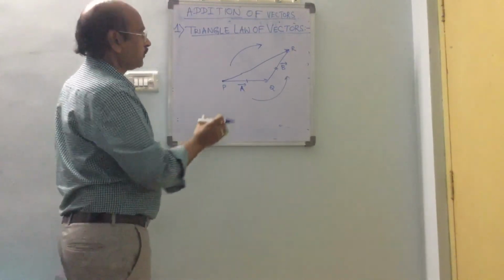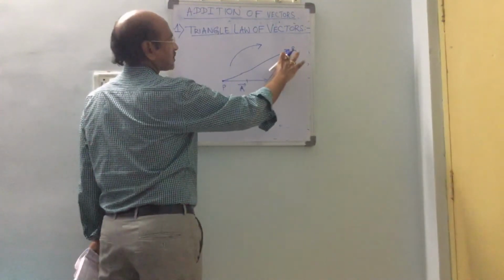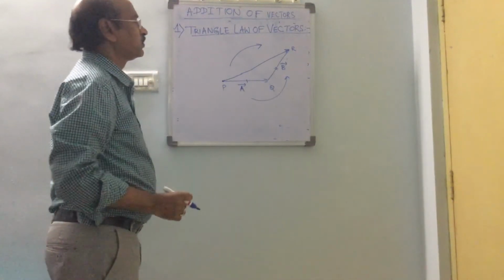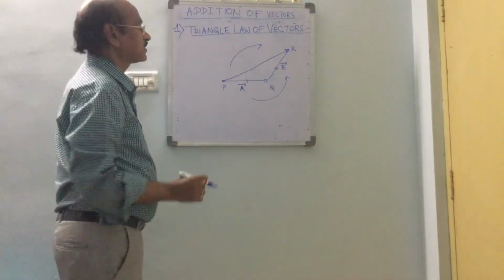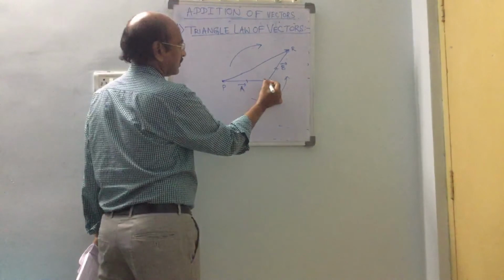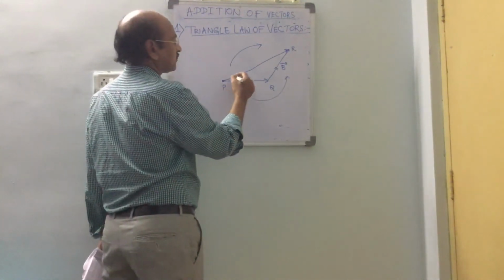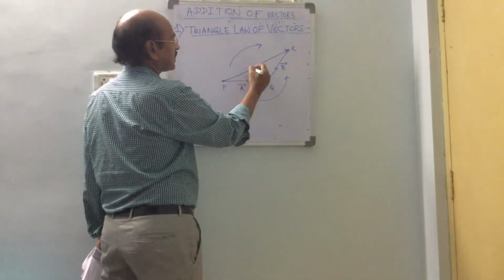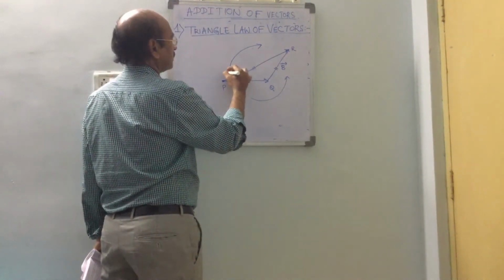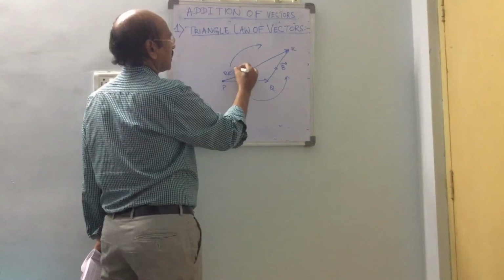So when two vectors A bar and B bar are represented by two adjacent sides of a triangle taken in an order, that is in anti-clockwise direction, then the resultant is represented by the third side taken in the reversed order.